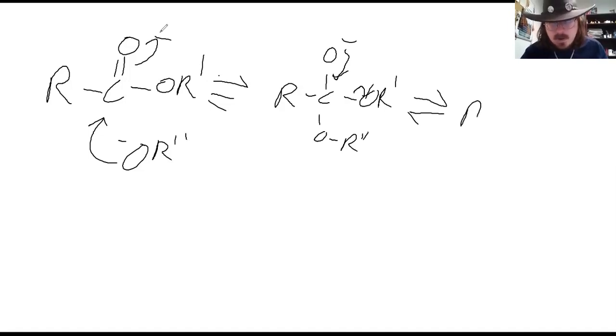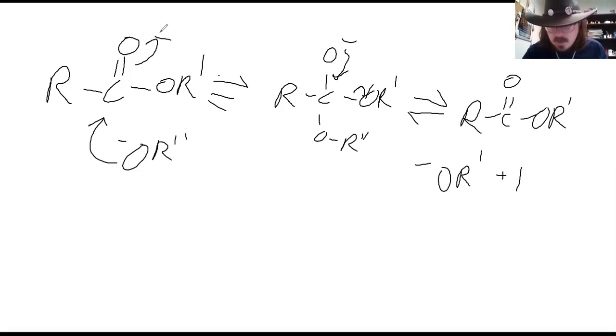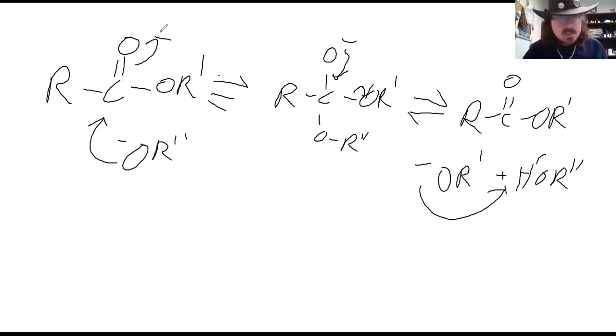So we have our correct ester and our new alkoxide base, which can then be protonated by our starting material. And we generate our base, and thus continue the reaction forward.